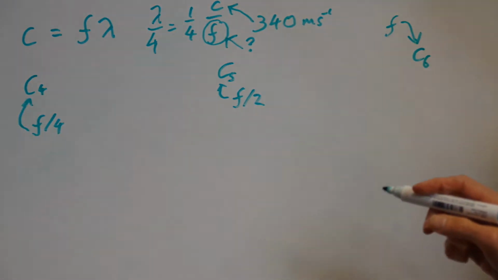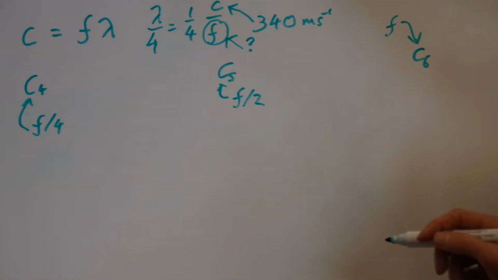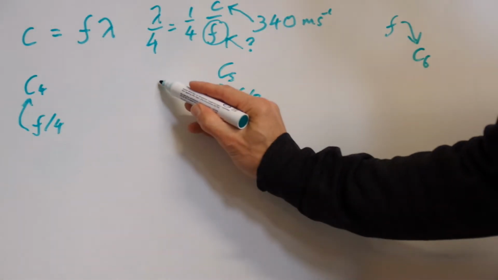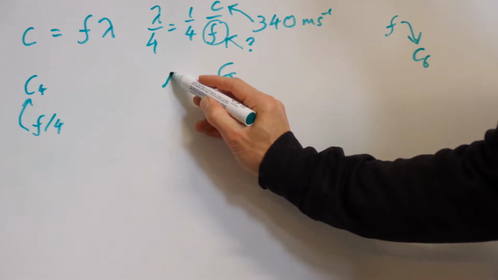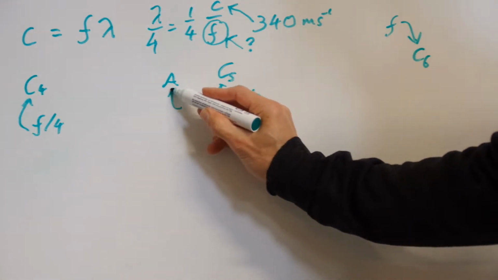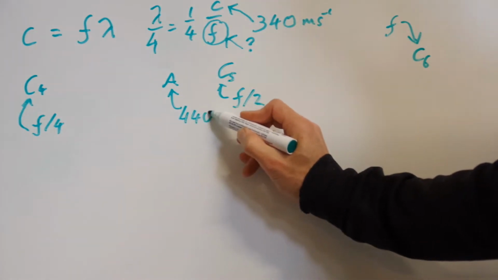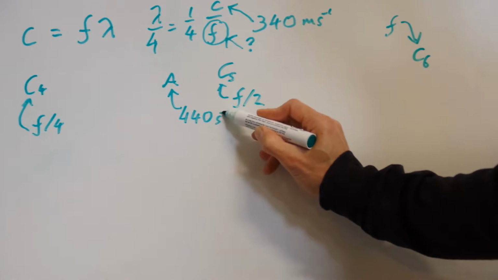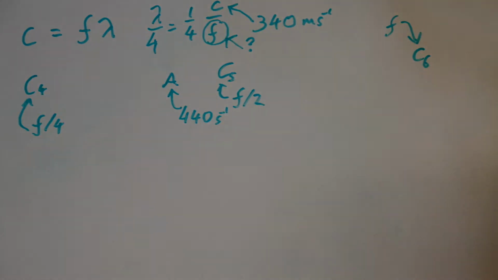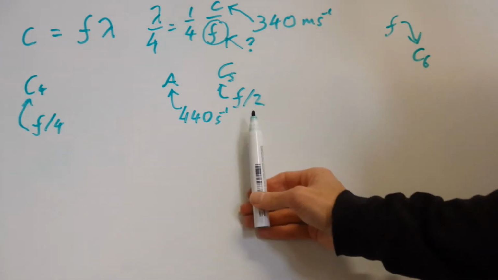Now the scientific pitch notation tells us that all these notes are calculated based on the A above middle C. So this A above middle C has the standard frequency of 440 Hertz. That's the A above middle C. So this is, remember, a factor of 2, F on 4 to F on 2.